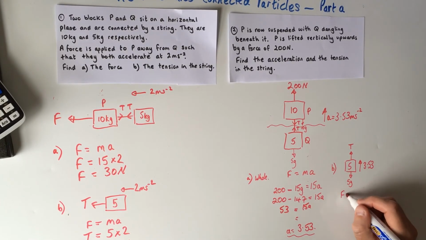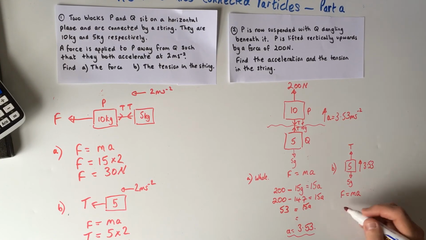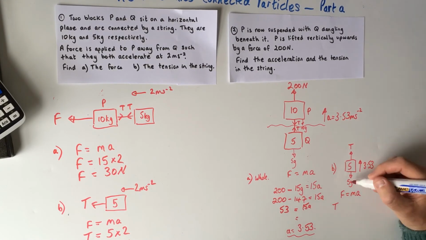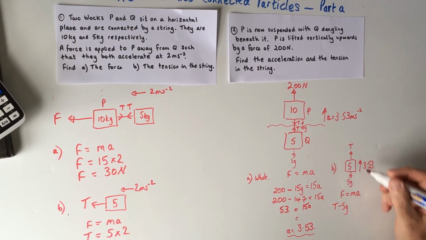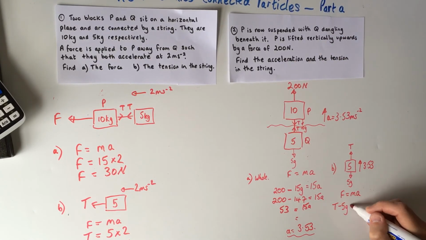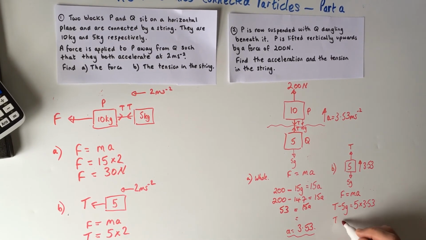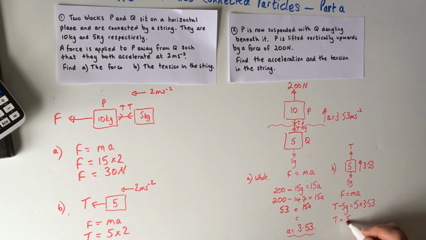So applying F equals ma, the net force, of course, is the tension pulling it up minus the 5g for this block, not considering anything else, is equal to the mass of this, which is 5, times 3.53. So the tension is equal to 5 times 3.53 plus the 5g.